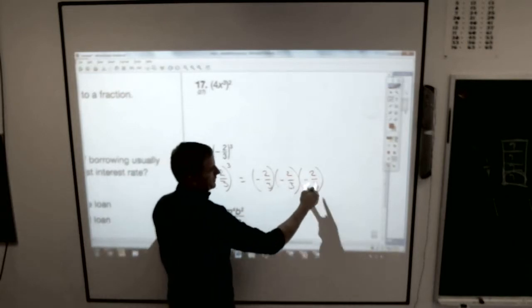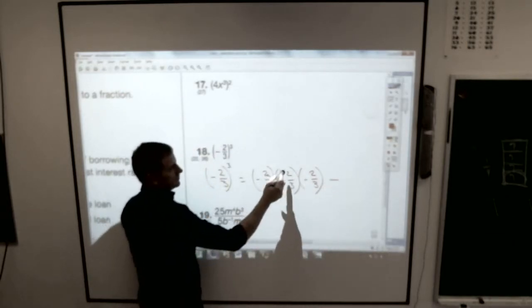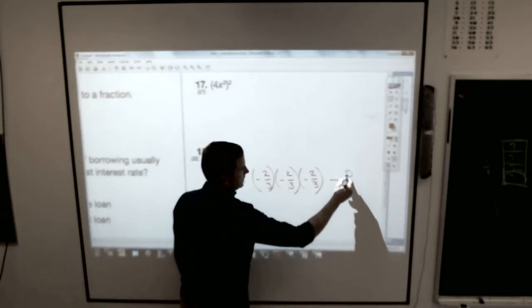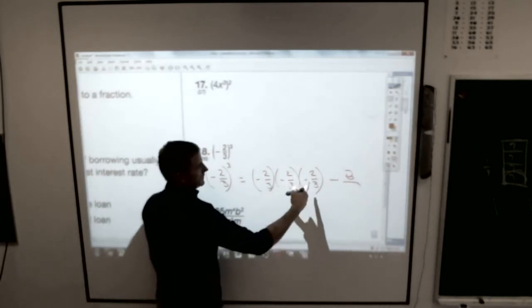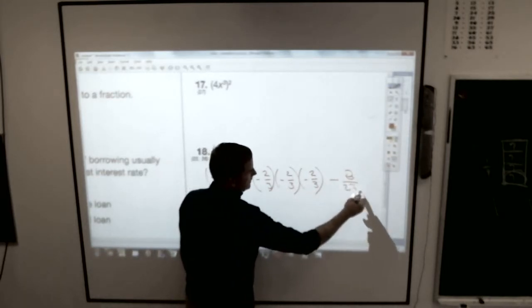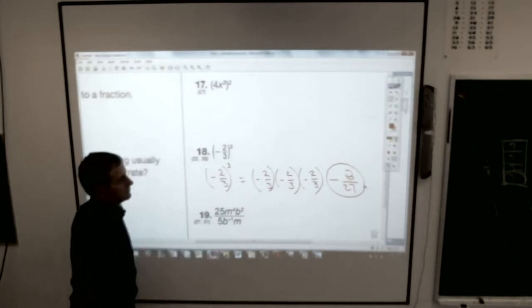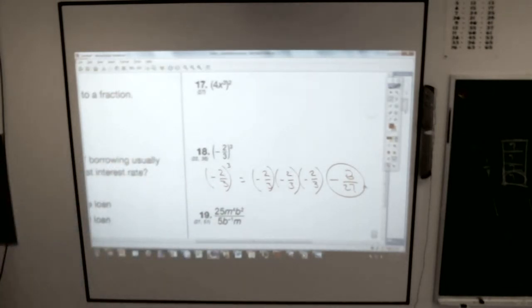Negative times a negative times a negative gives you a negative. 2 times 2 times 2 gives you 8. 3 times 3 times 3, 9 times 3 is 27. 8/27. Do you overthink that one? Because that one to me doesn't seem to be that difficult. Others could be.